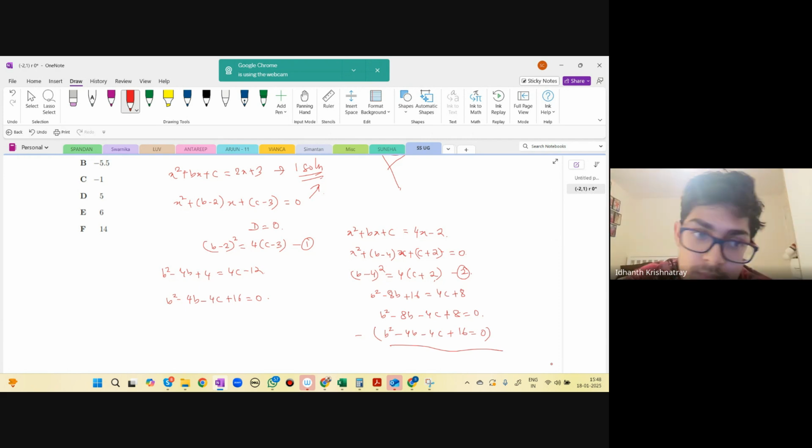So minus 8b plus 4b is minus 4b. This one is 8 equal to 0. So 4b is equal to minus 8. B equal to minus 2. B is minus 2.